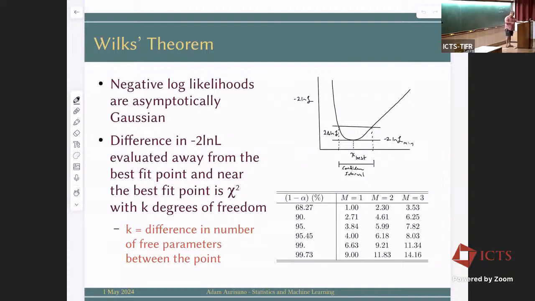So you can use this by saying that if you do your fit and find your best fit point, and then you map out what your negative 2 log likelihood surface is relative to that, the delta between any given point and your best fit point should follow a chi-squared distribution with k degrees of freedom, where k is the difference in the number of free parameters between those two fits.